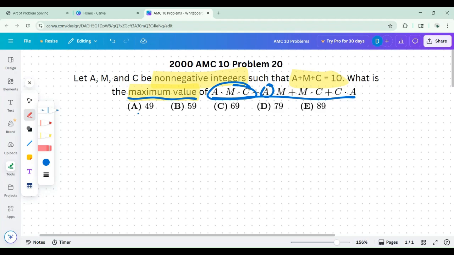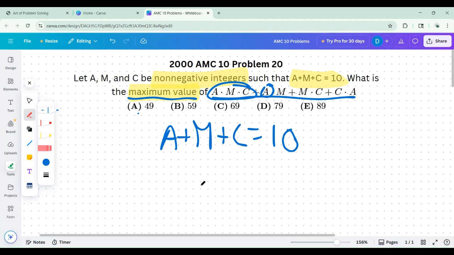So we know that, to find the maximum value, we have to make sure that the variables are as close in value as possible.